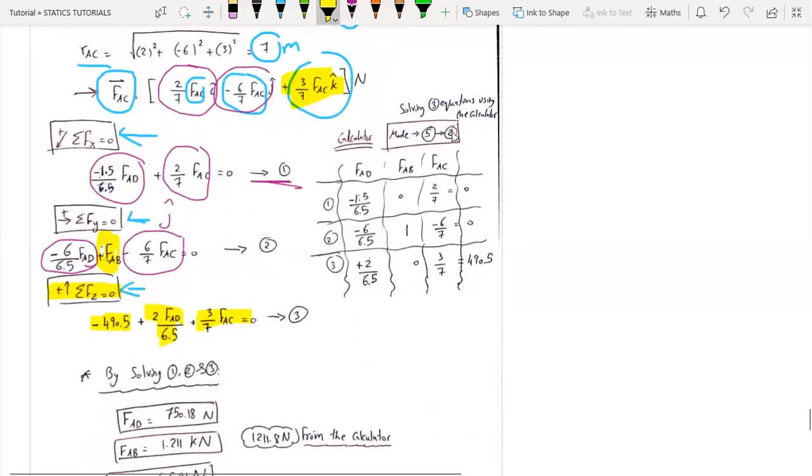From the calculator, we can use mode 5, 2, and we arrange the equations. Our first unknown is F_AD, the second unknown is F_AB, and the third unknown is F_AC.